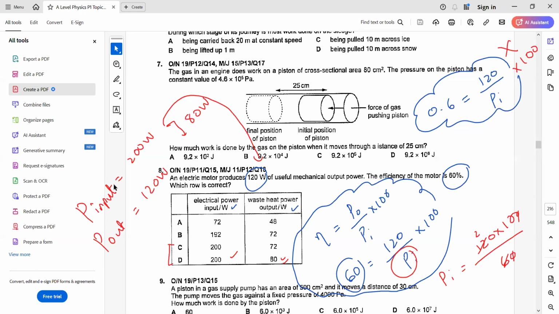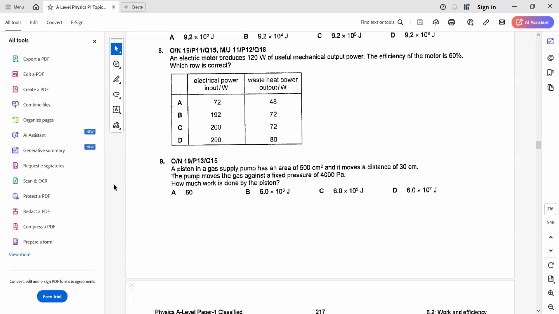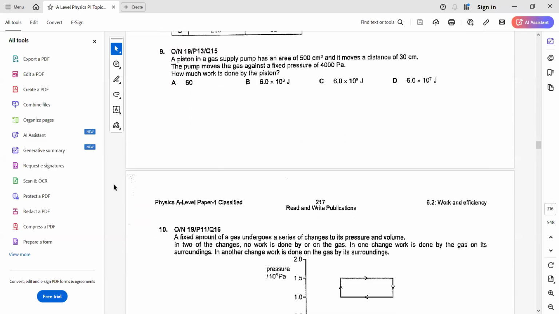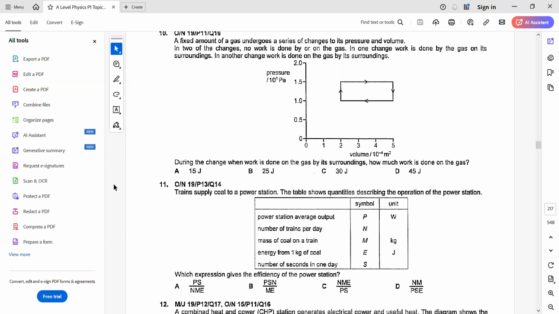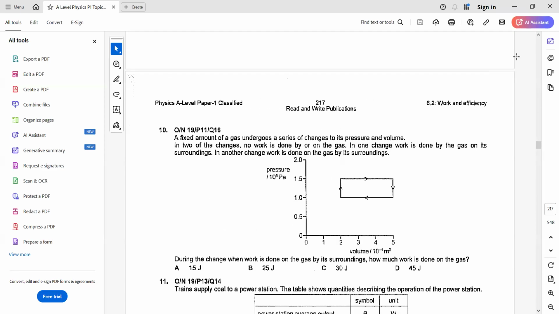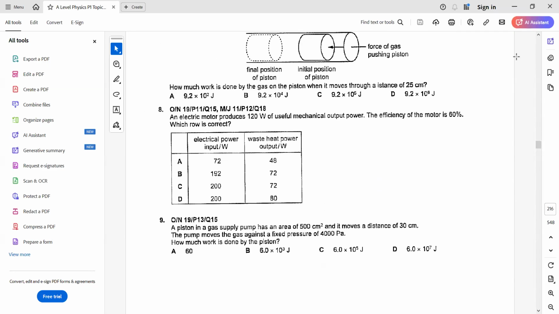Okay, let's try. It looks quite similar question. Distance, you know. Let's try the 10th question. This is given.